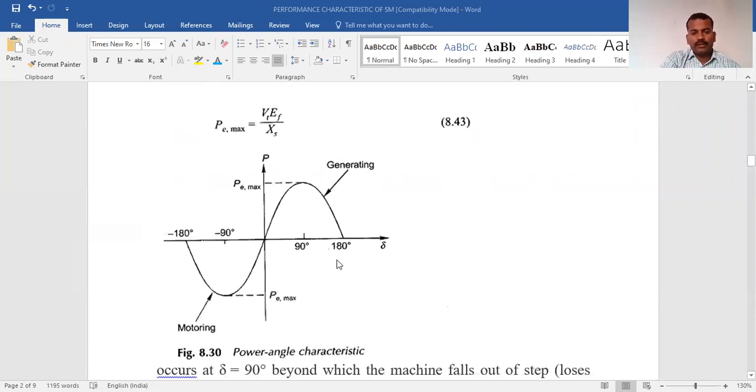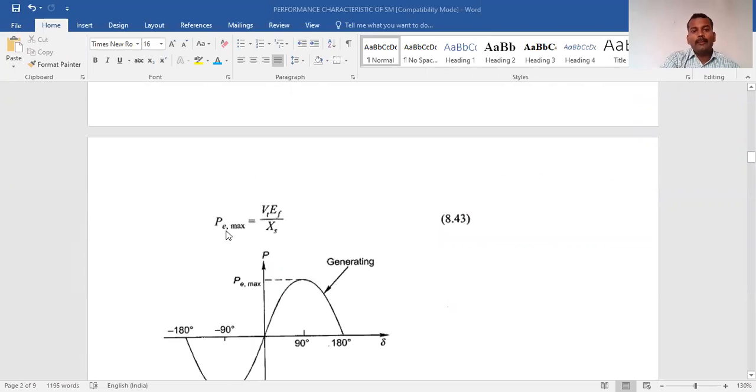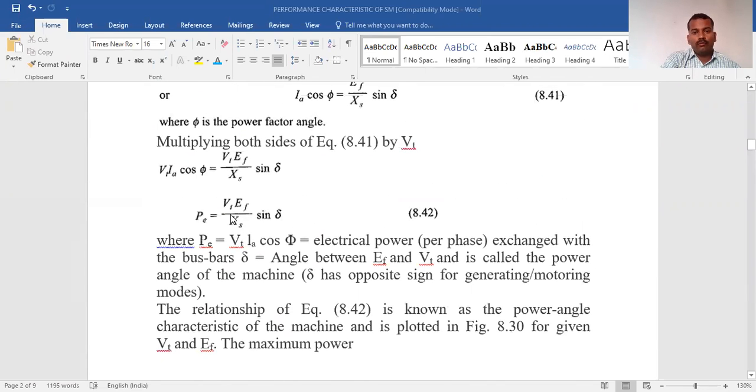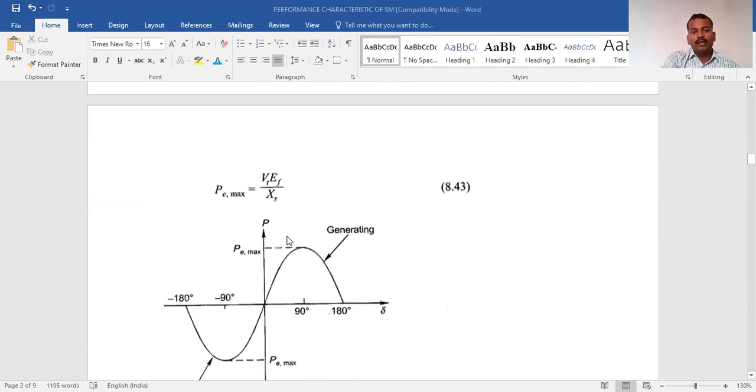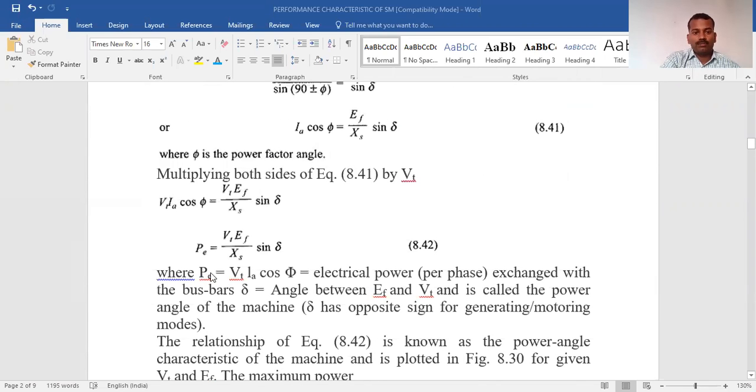If you draw the phasor diagram or the waveform using this formula, PE equal to VT EF by X sin delta, this simply means the power wave will be sinusoidal.